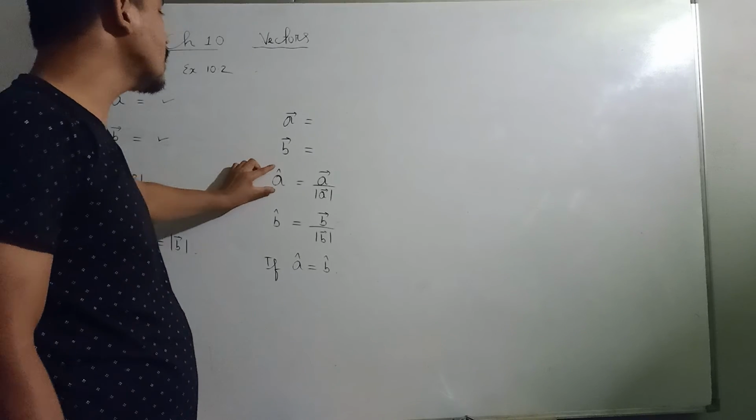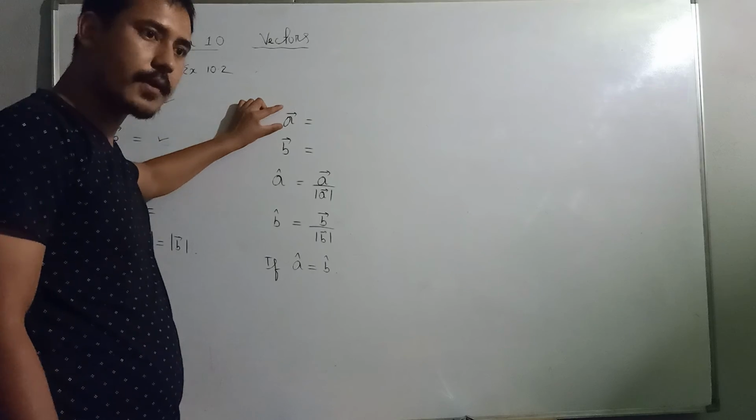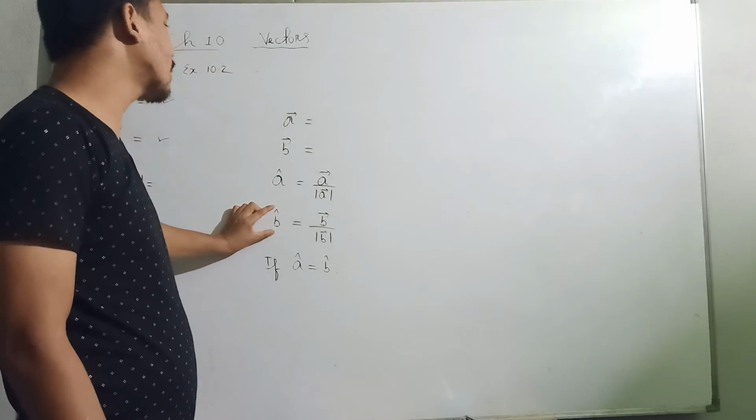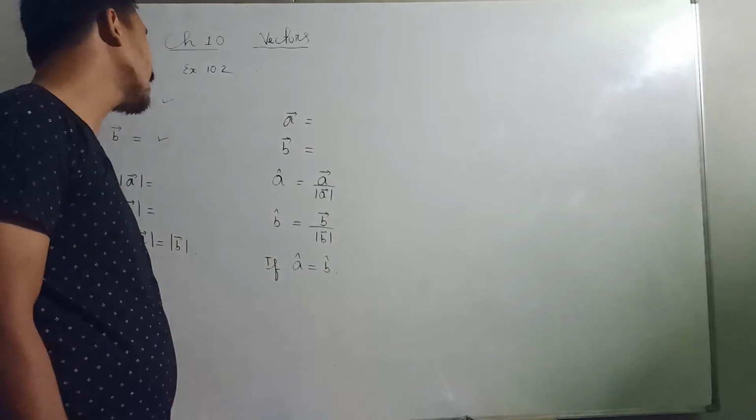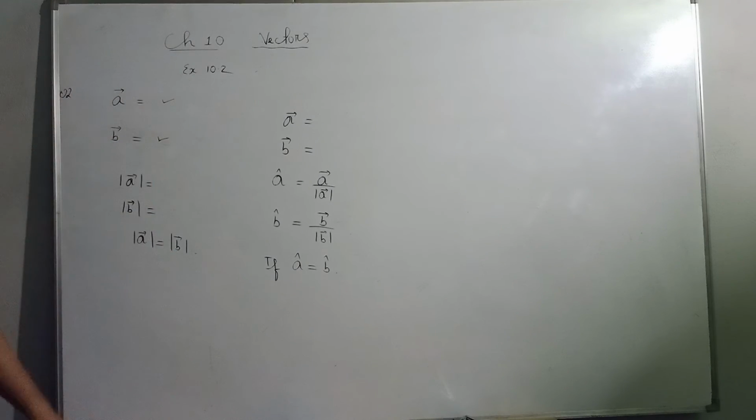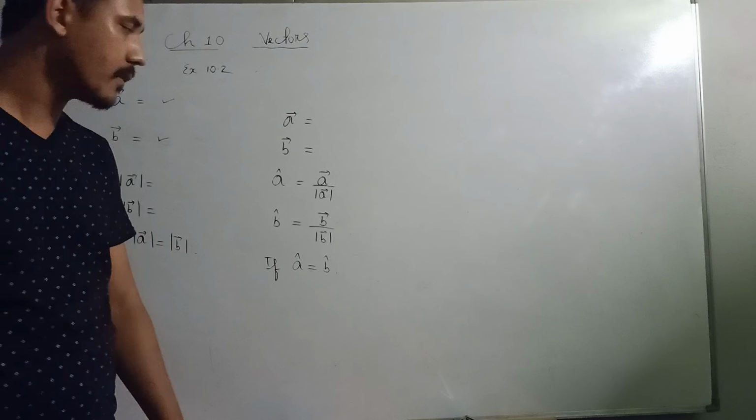A cap means unit vector representing direction of vector A. B cap means unit vector representing the direction of vector B. So if these two, A cap and B cap, are equal, then they have same direction, right?